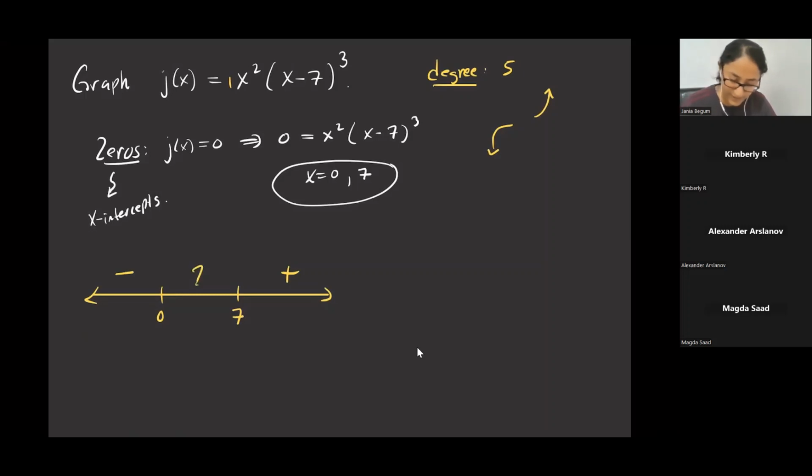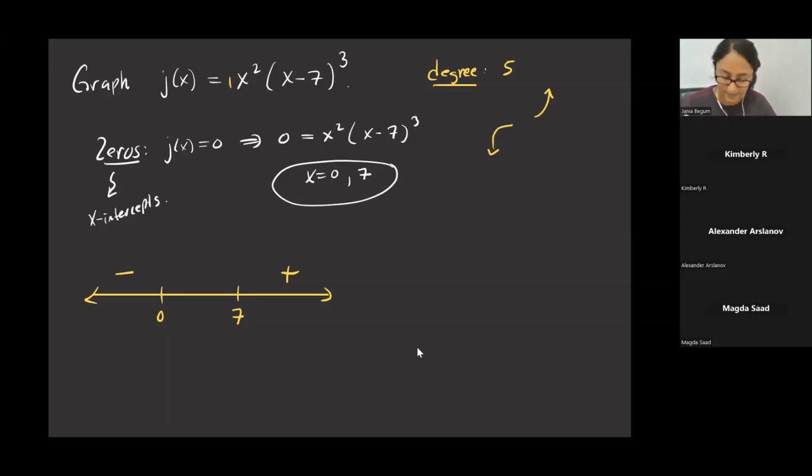How do we determine that? Wouldn't you have to replace x with 0? Not 0, anything in between 0 and 7.